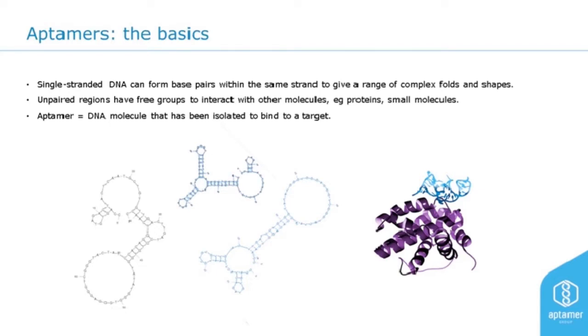If you peel away one side of that molecule to leave a single-stranded DNA, there's the potential for that molecule to zipper up with itself and start to form some interesting secondary and tertiary structures, as you can see on the slide here. Not all of these molecules are going to be entirely double-stranded. That leaves single-stranded loop and bulge regions where those hydrogen bond donors and acceptors are exposed and available to interact with a target. For example, a protein, a small molecule, a cell surface receptor, etc.